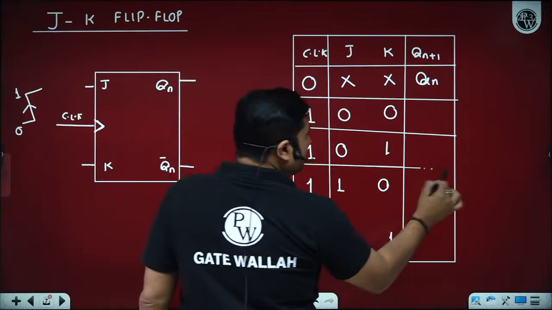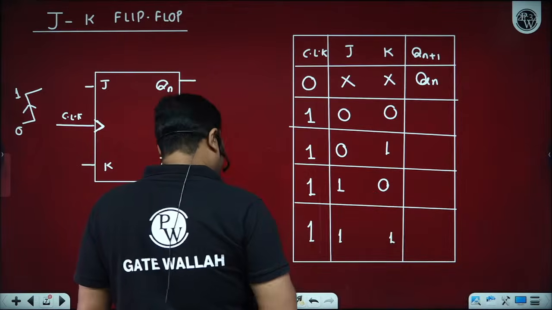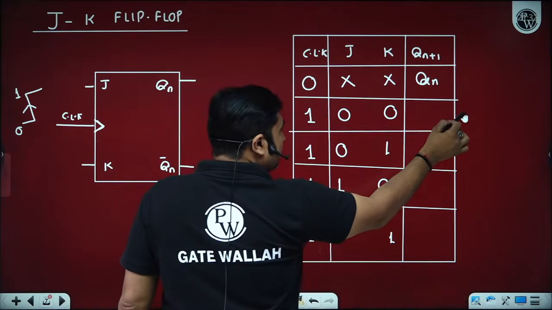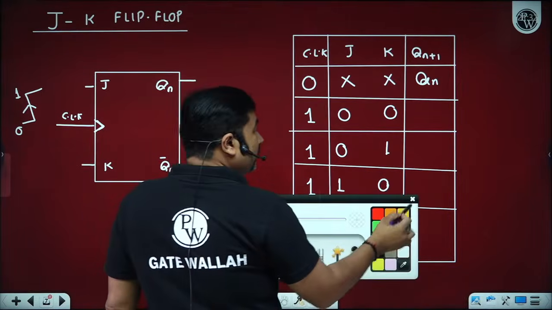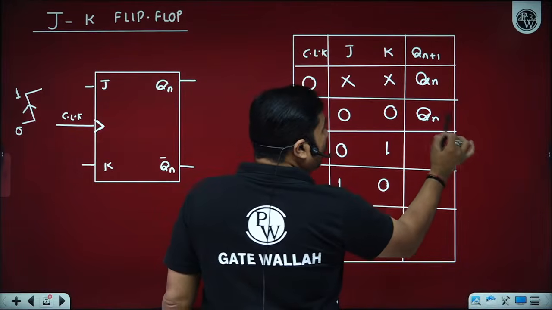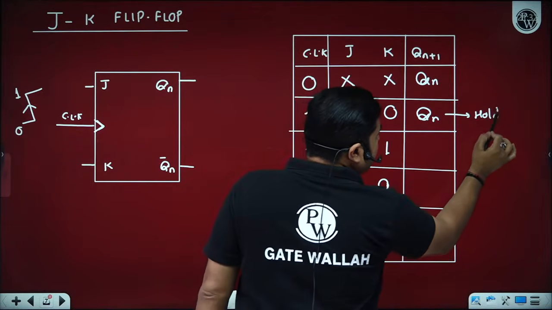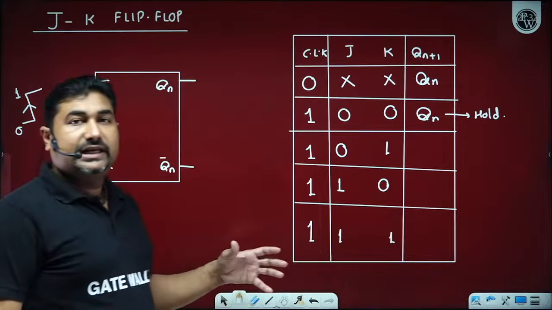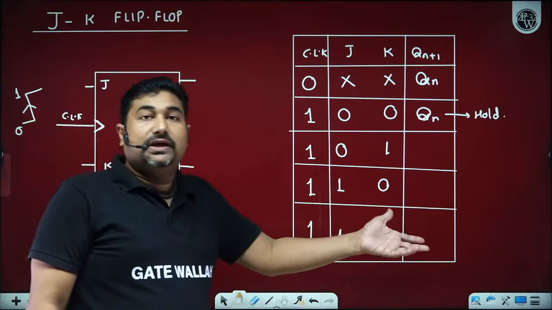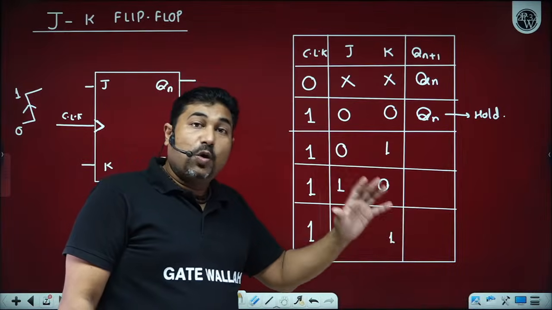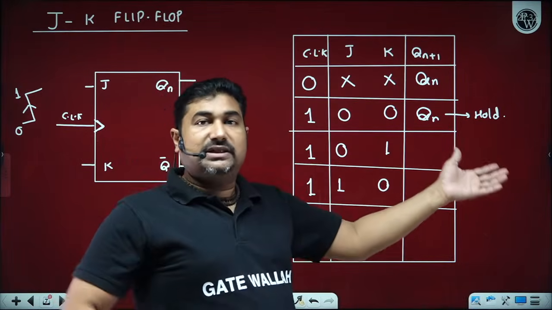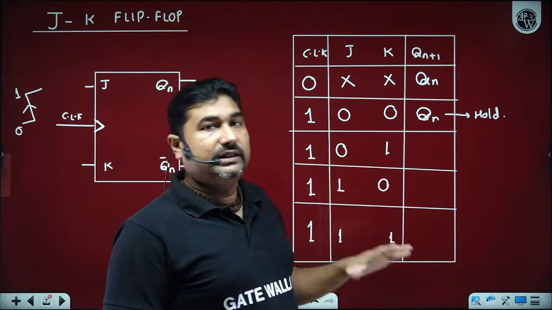For 0 0, we have remembered from SR as well as JK, we have a hold state. It means if the input to J and K is 0, 0 and a clock appears, then the output will hold. Hold means whatever its previous state, the next state remains in the same state.